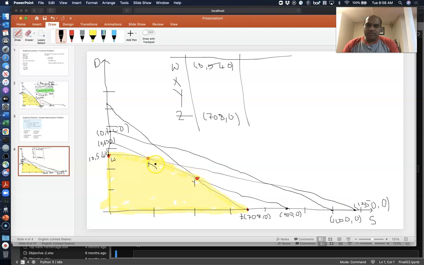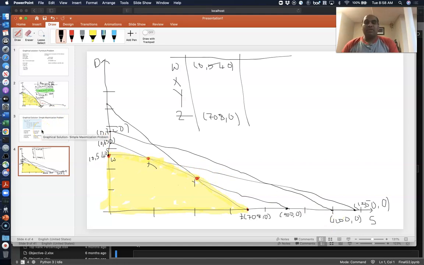Now this point of intersection is again, this is 0, 900, and so again, this is the first straight line and the third straight line.